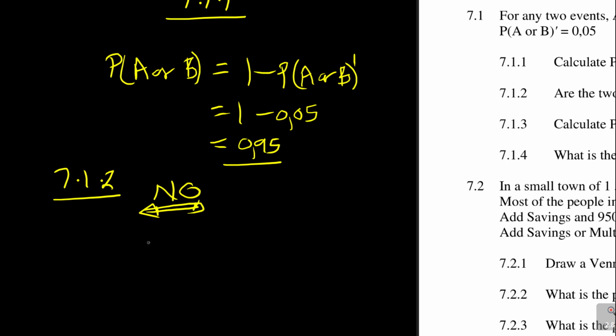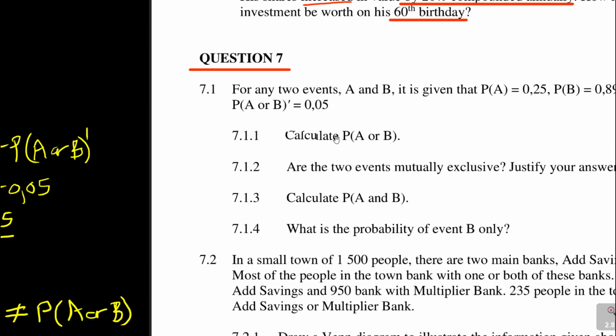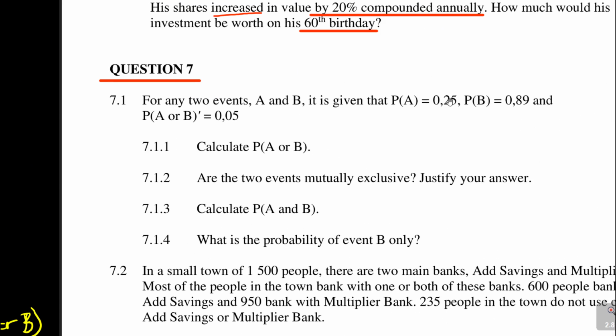I think the best way to justify is to say probability of A plus probability of B is not equal to probability of A or B. Let's justify that. What is probability of A? Probability of A is 0.25.